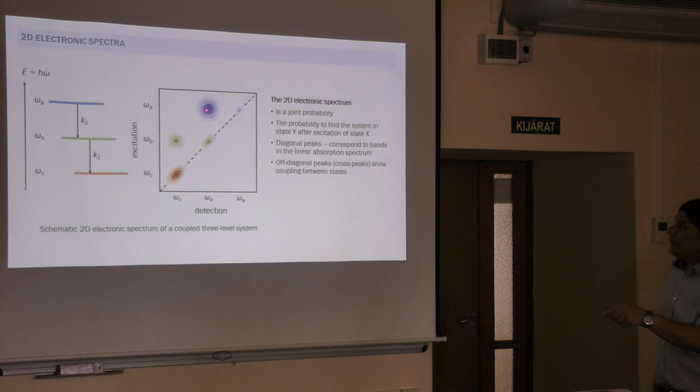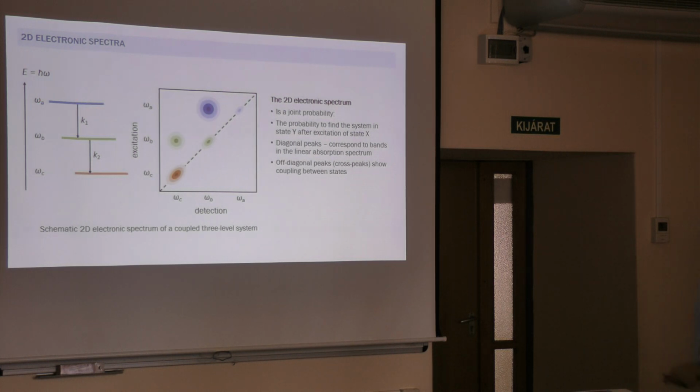This is the probability to find the system in state B. So basically the population of state B after we initially excited the system in state A. Alright? So this cross peak is the probability that the system is here if it was initially here.